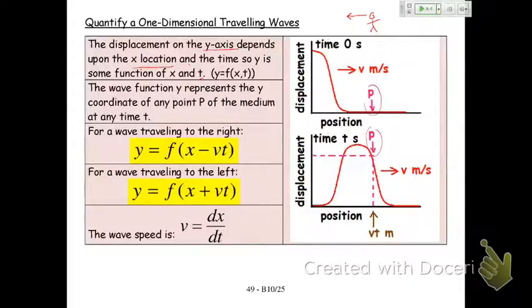Yeah? That's looking in a negative direction. So imagine you stood at the side of the road and there's traffic, and traffic is coming from the left. You don't look to the right to see what's going to happen in the future. You look to the left to see what's going to happen in the future, because that's what's coming towards you. Okay? So if you want to know about the future for traffic traveling to the right, look to the left.